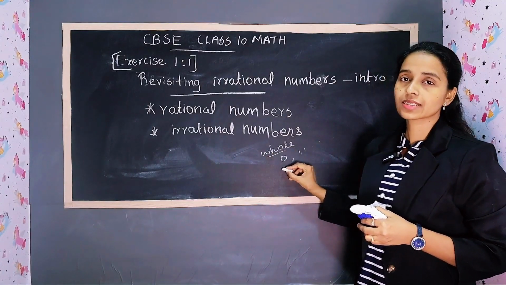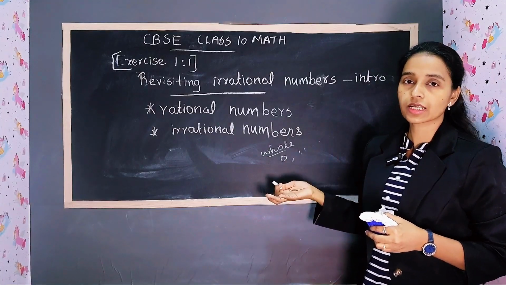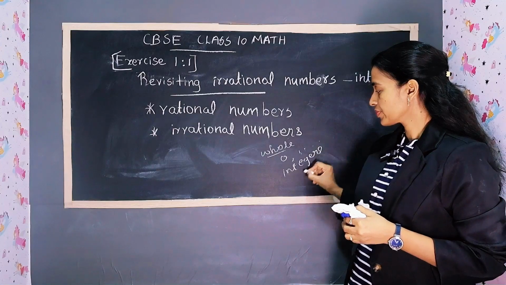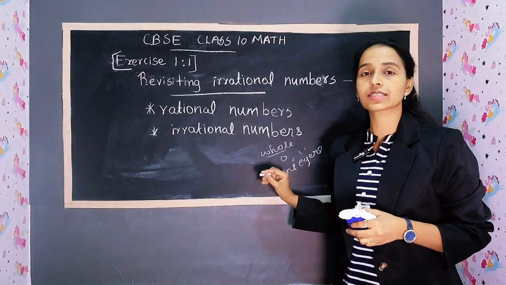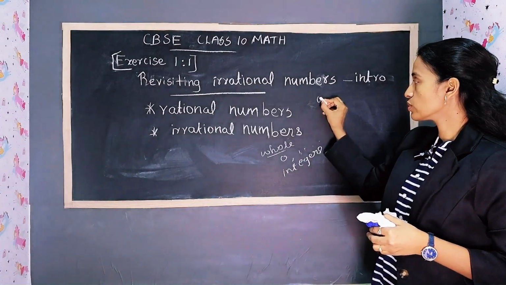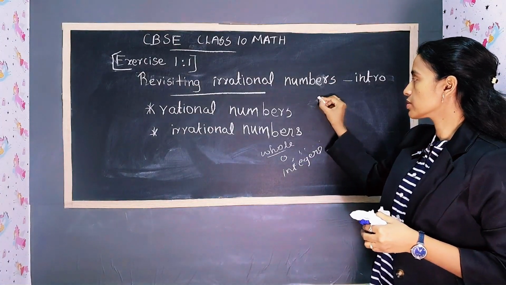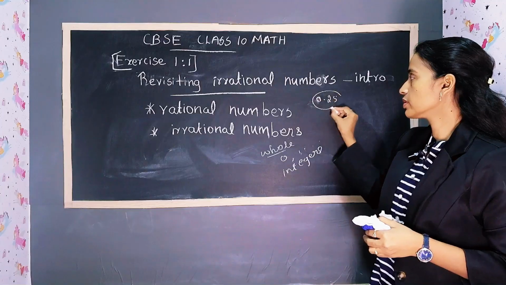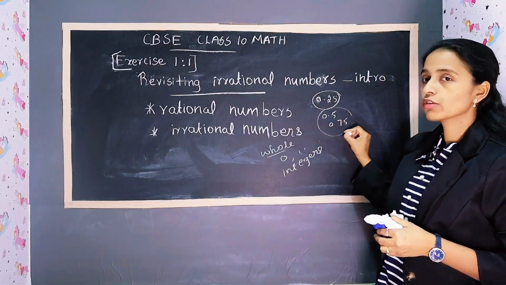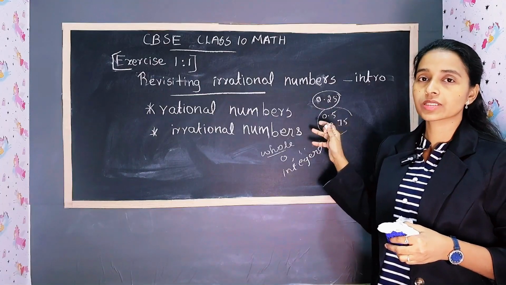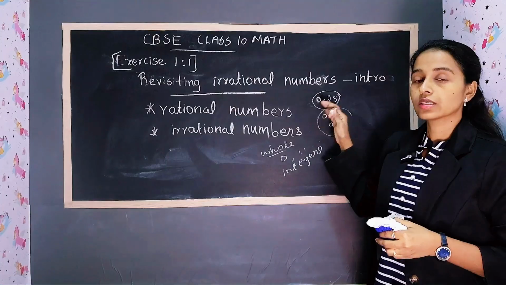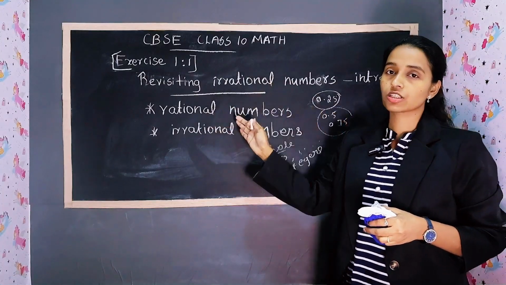And integers include positive numbers and negative numbers. And terminating decimals, that means 0.25, 0.5, 0.75, this kind of numbers are terminating decimals. All these numbers come under rational numbers.